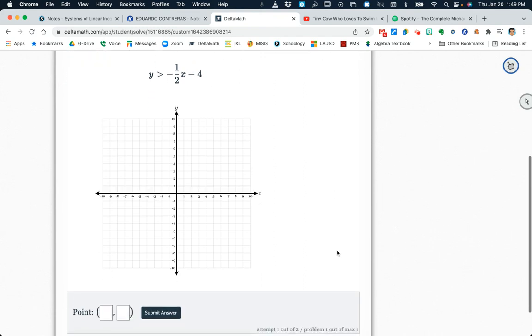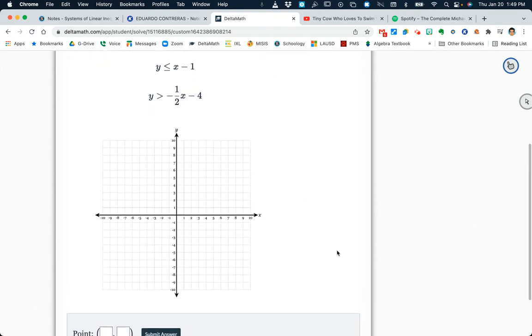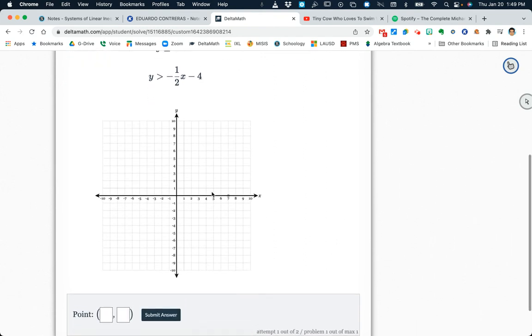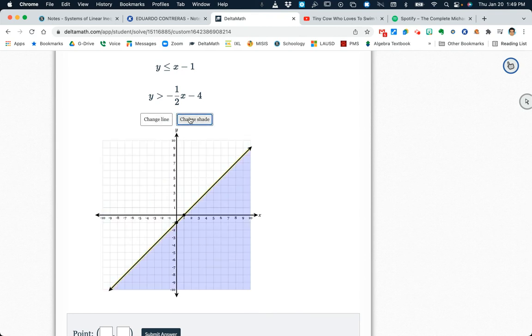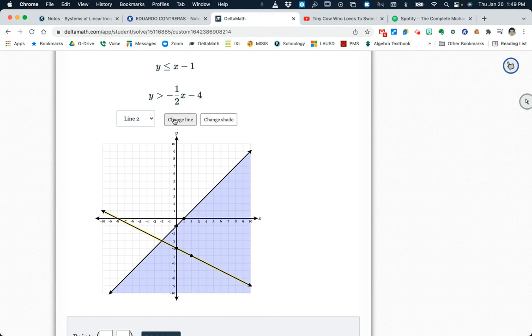Okay. So next one. Here we go. And let's see. We want everything here, since it's less than. And we want -4 down 1 over 2. Change that line because it has to be dotted.